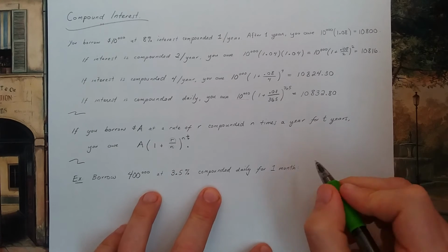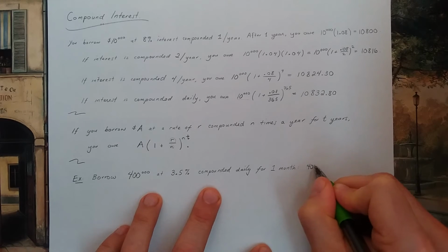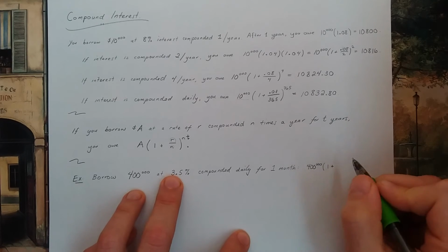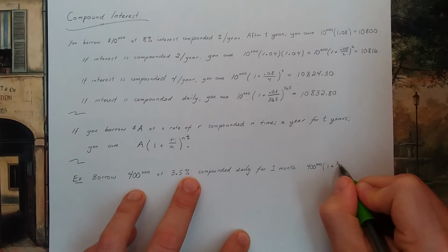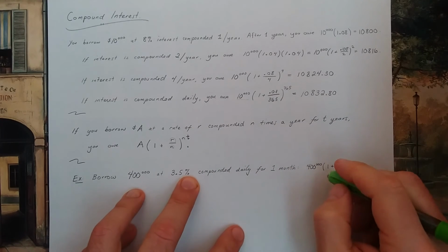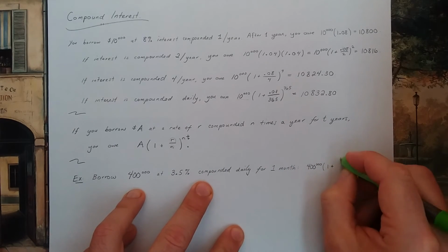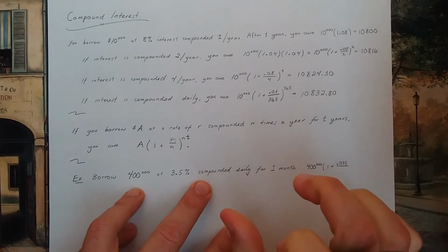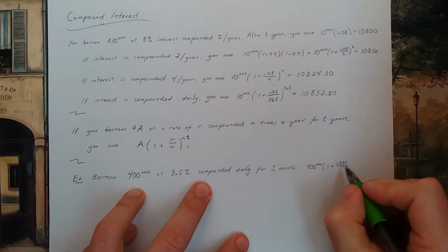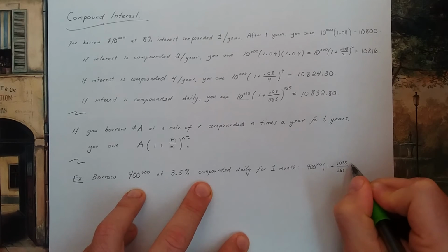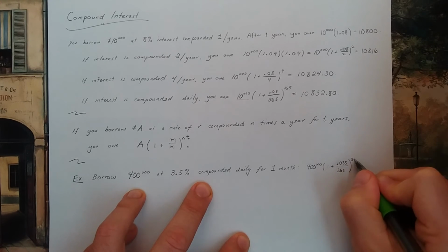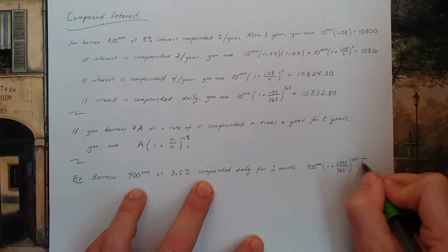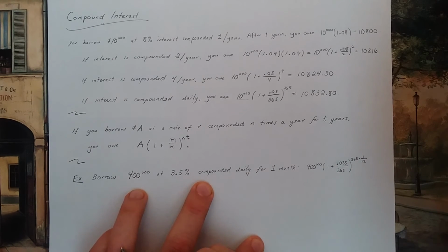If you do that, after 1 month, you will owe $400,000 times 1 plus 0.035 divided by, it's compounded daily, so I'm going to divide by 365. I'm going to raise that to the 365 power, and I'm only doing this for 1 month, so 1/12.